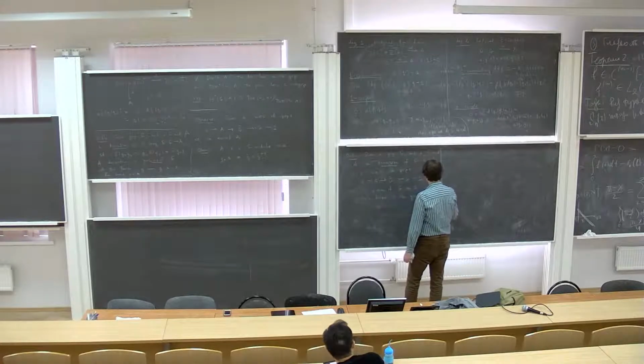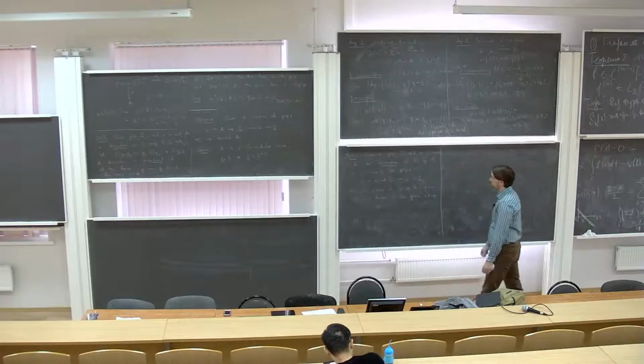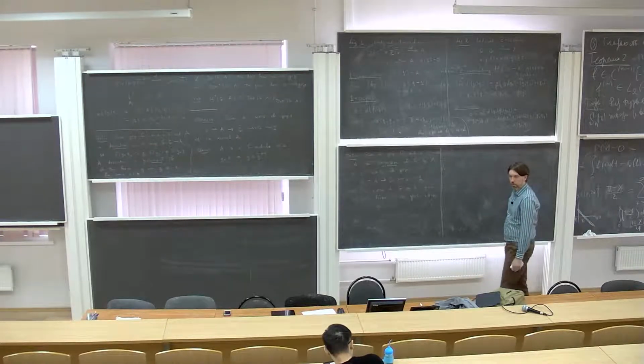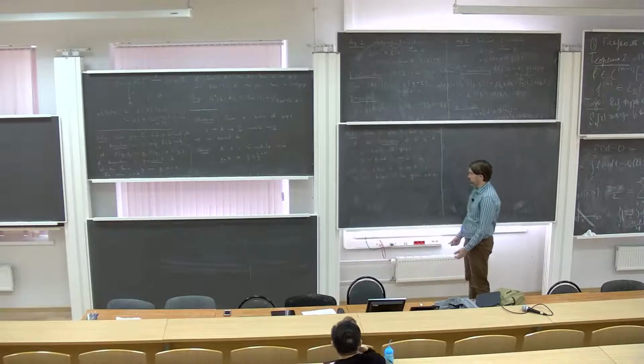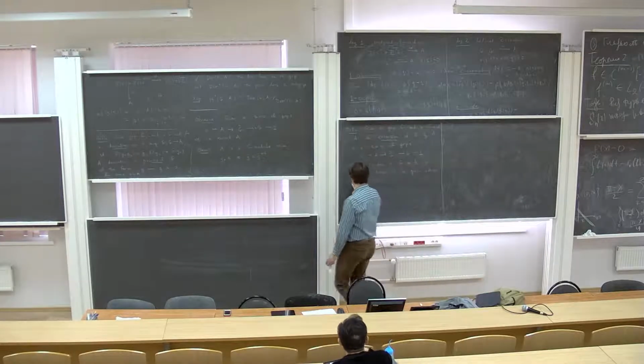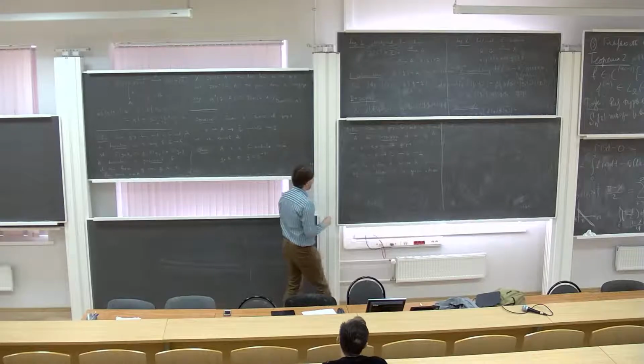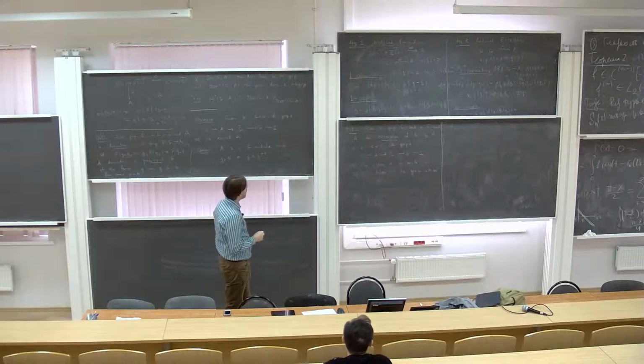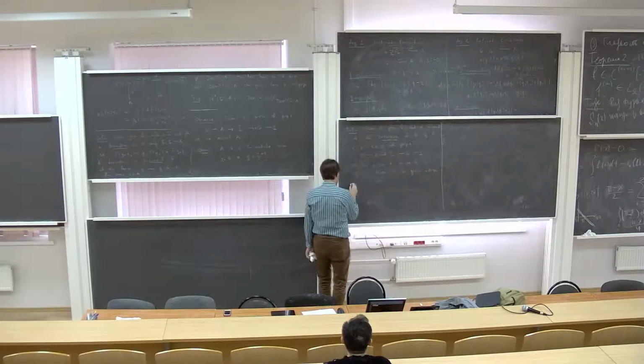So maybe there are many actions of G on A. We want this one to be the one we started with. We'll do some examples. Right. So this is what an extension is.